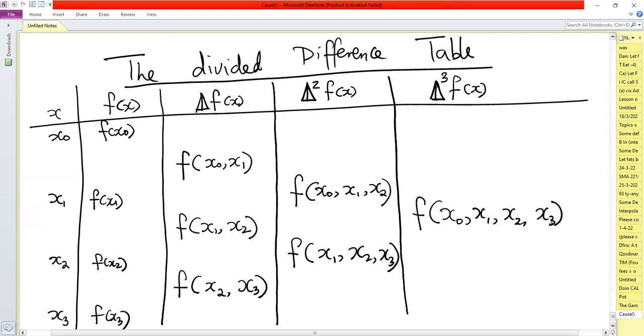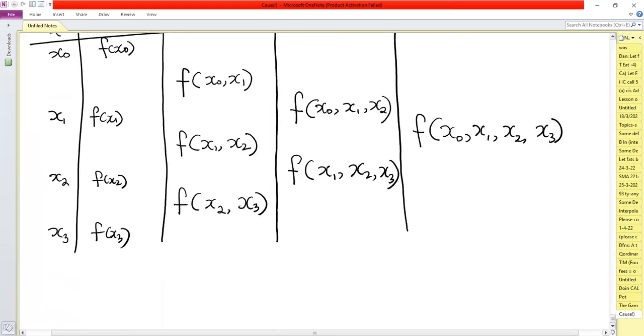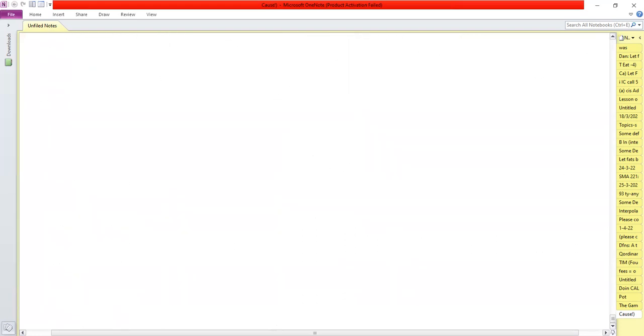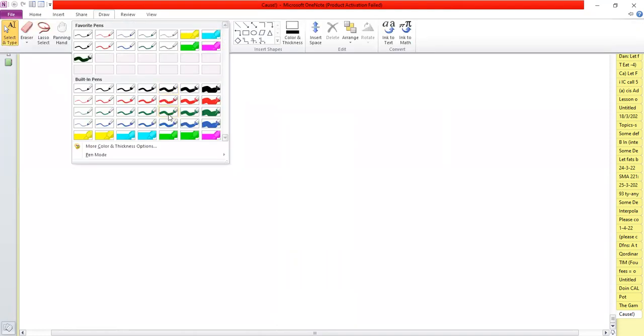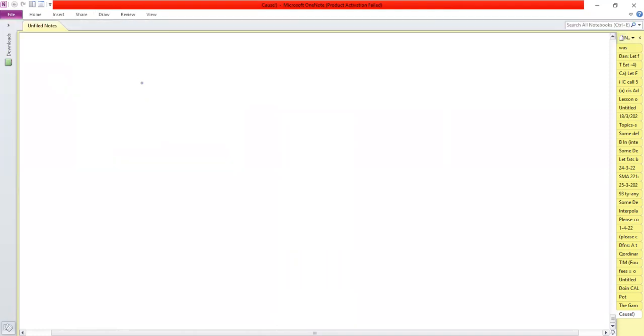Depending on the values of the function that you have, you can define other higher order divided differences. We'll demonstrate with specific numerical values in a different session on how to come up with such a divided difference table. Just before we wrap up, let's do an example on how to specify divided differences.